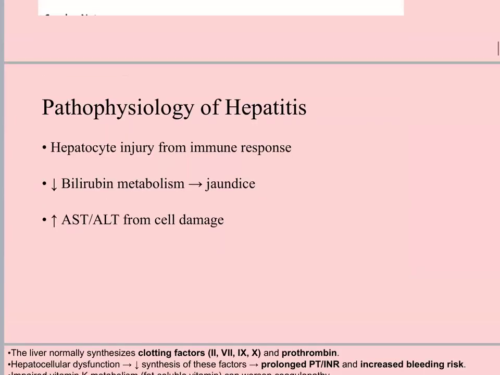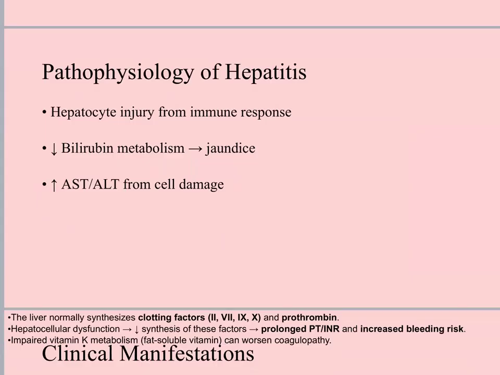The pathophysiology of hepatitis. So basically, whether hepatitis comes from a viral, an autoimmune, or a drug-induced source, what it does is it causes the body's immune system to attack infected or damaged hepatocytes, which we remember are the functional unit of the liver.